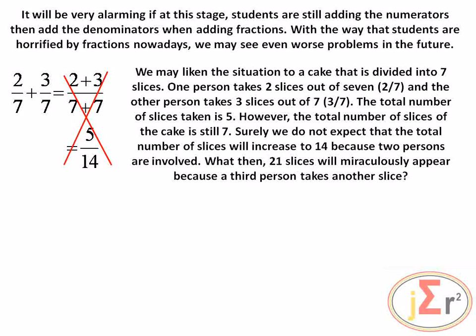Therefore, since the number of persons that are sharing the cake is 2, that does not mean that the number of slices will double. The number of slices will remain the same, and that is why when we are adding numbers that have the same denominator, the denominator will be the same.